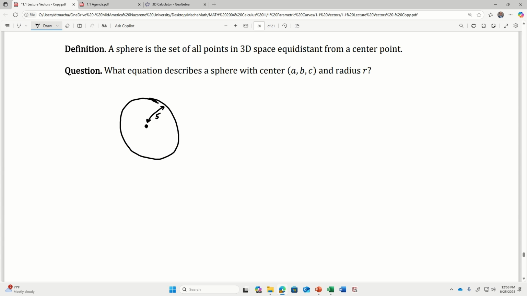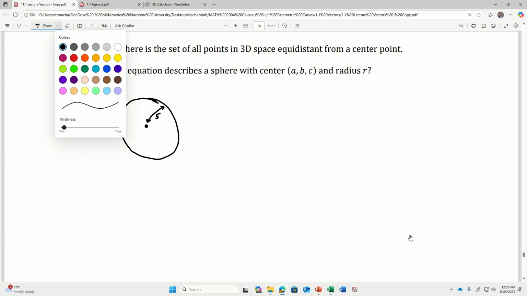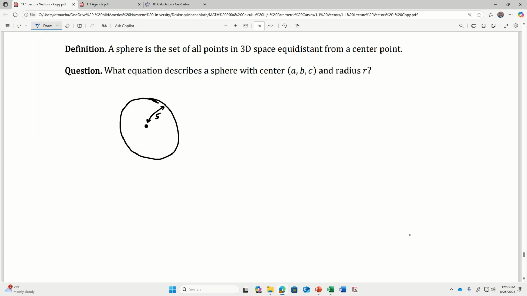So all the points in space that are 5 away from the center form a spherical shell. I should just call it a sphere. And so the question is, which equation would describe a sphere with a particular center and radius? I'm going to call the coordinates of the center point A, B, and C, and I'm going to call the radius R. Now, equidistant. We know the distance formula, right?